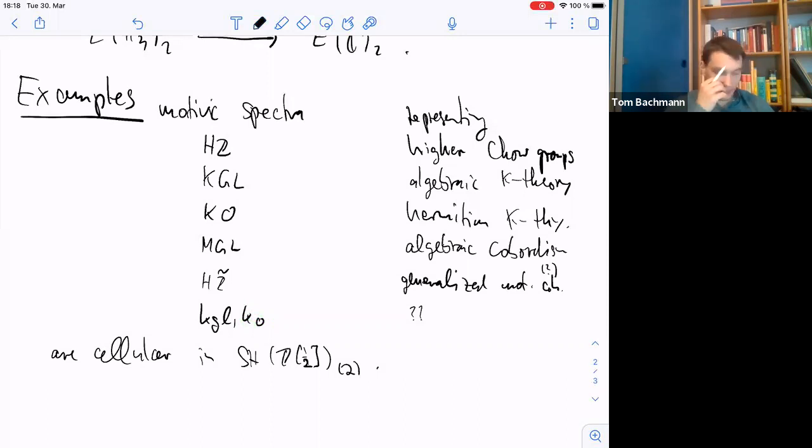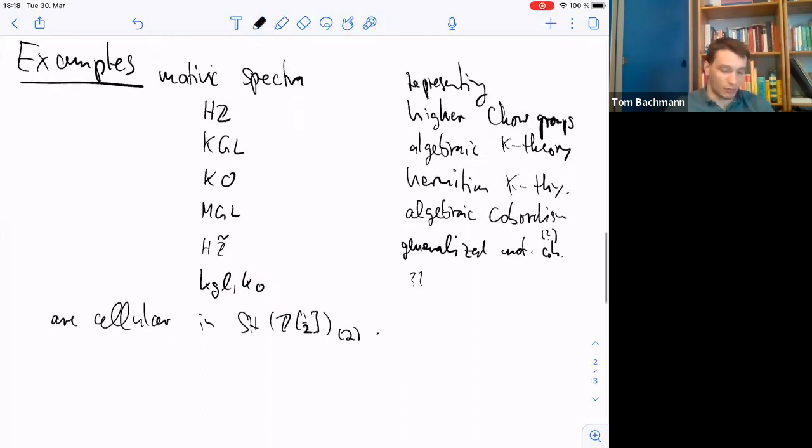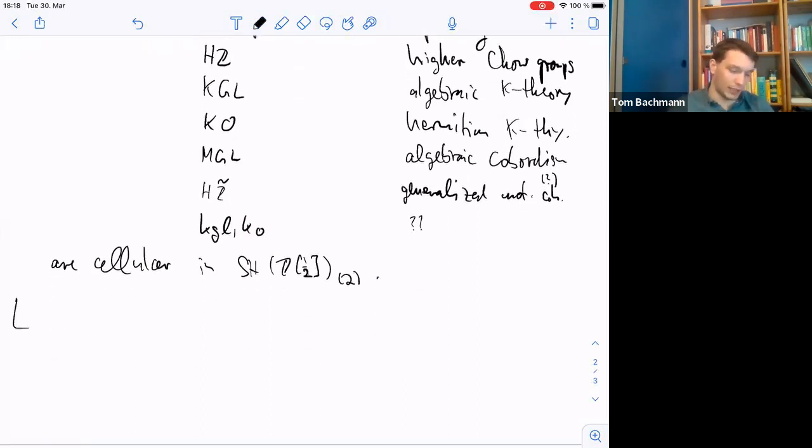Okay, but what I was going to say is that even if you've never heard of any of these, you knew one cellular spectrum, and that's the sphere, right? So can we apply it to the sphere? The answer is, of course, I'm allowed to do that, but then what can you figure out? Here is another example: you can try to figure out the fundamental pi zero of the sphere.